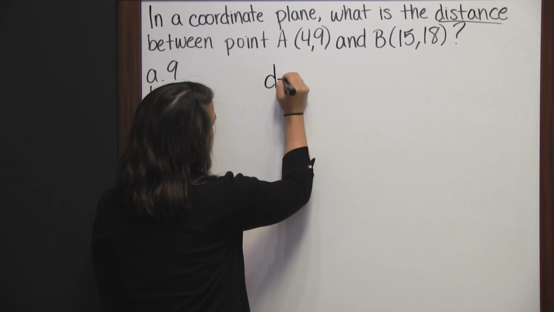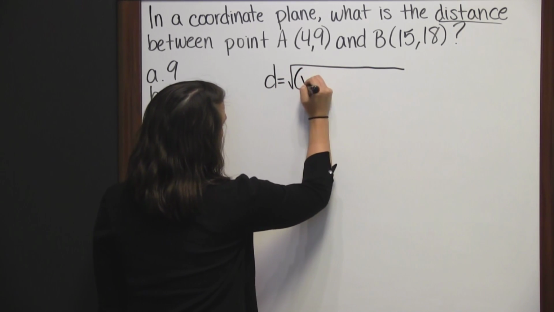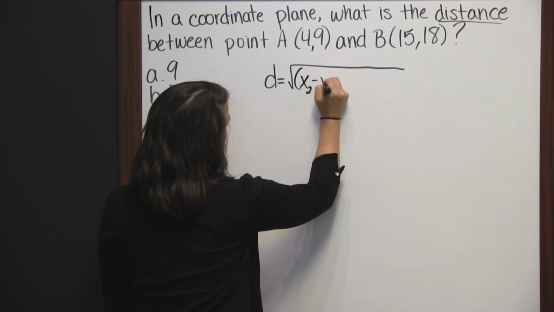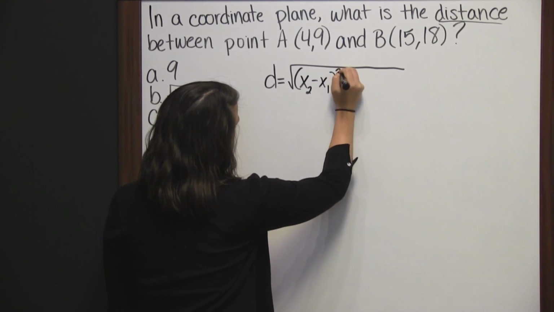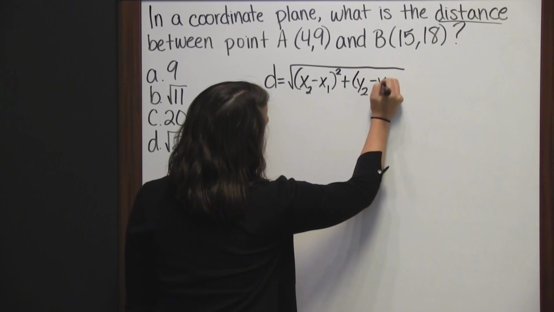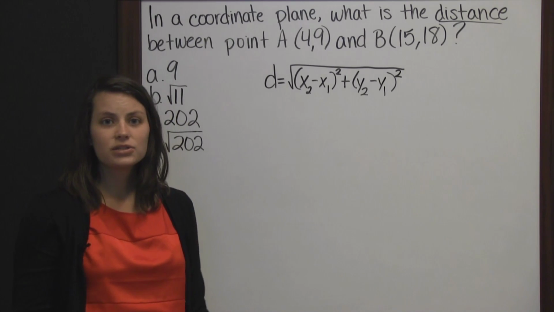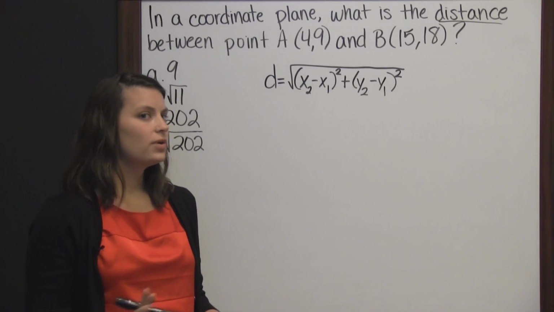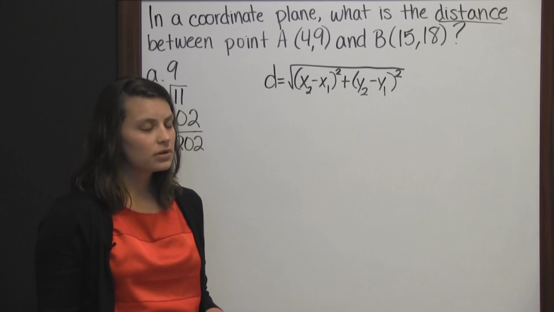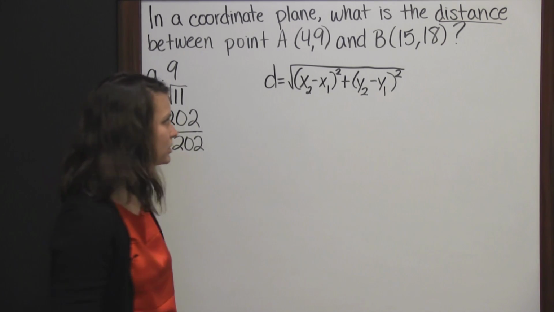The distance formula is the square root of x2 minus x1 squared plus y2 minus y1 squared. And the x2, y2, x1, y1, those are just the coordinates of your ordered pairs.